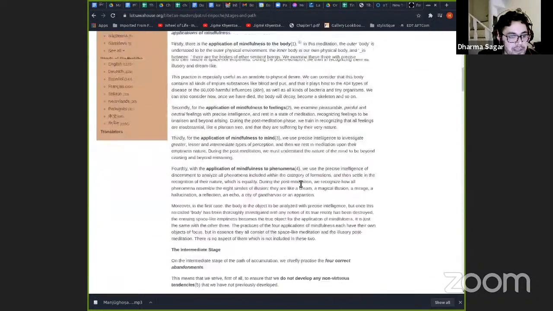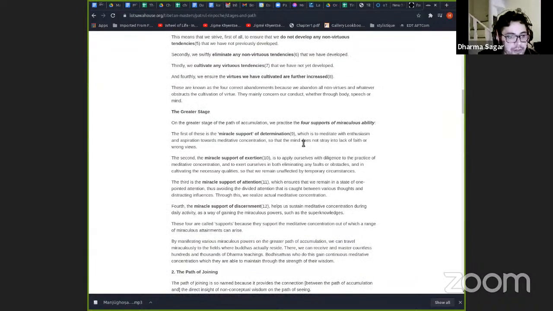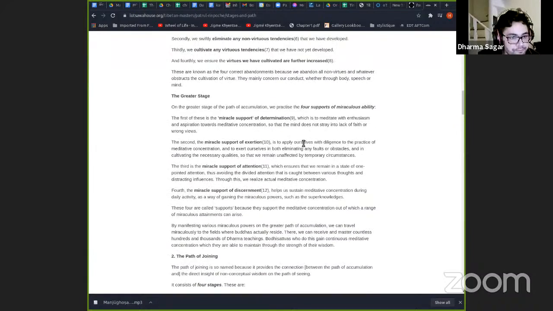Lesser stage, intermediate is the four perfect abandonments. Yeah. So here, determination, dumpa. Yeah, enthusiasm. They interpret it as determination, but it literally means enthusiasm or inspiration.